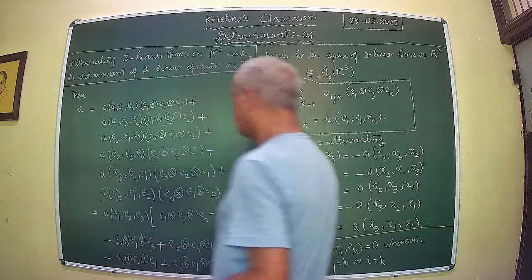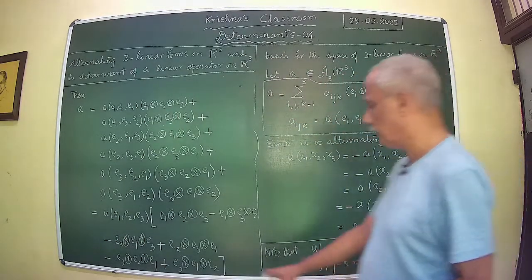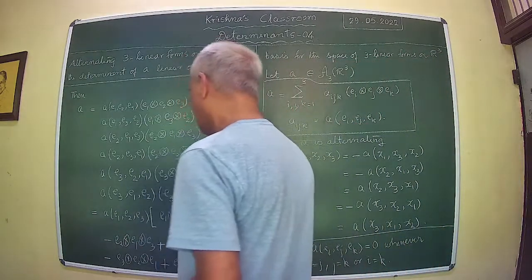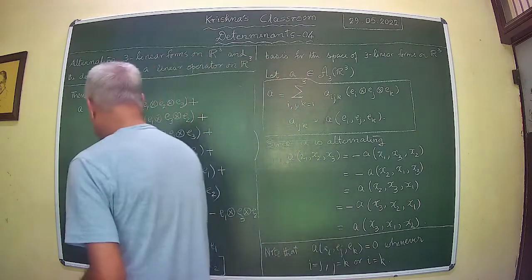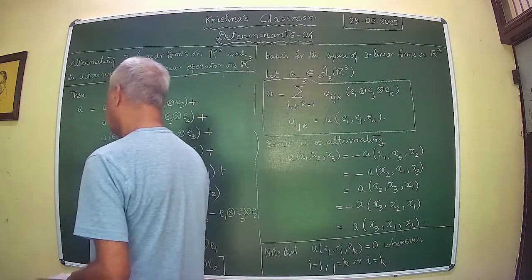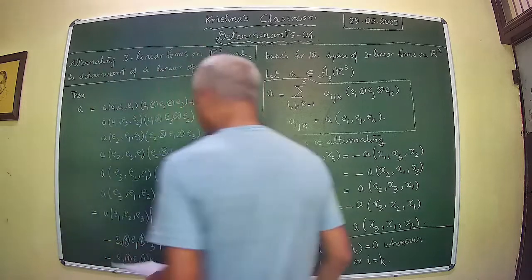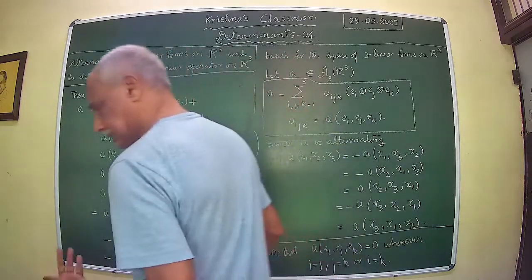So you see, it is a scalar multiple of a single alternating form, and this is a scalar. So given E1, E2, E3, you can compute this. Therefore, I can write this as some constant into the form.